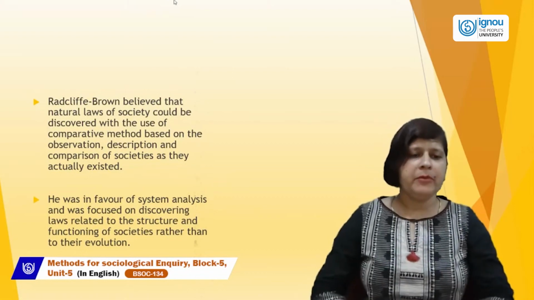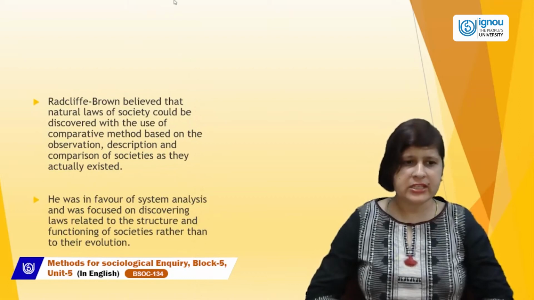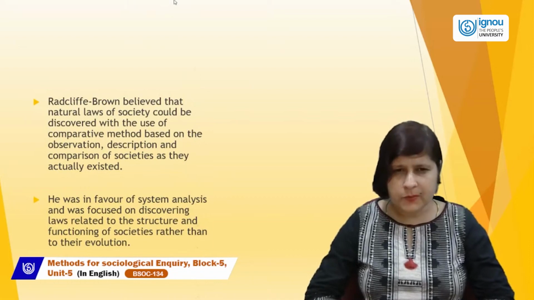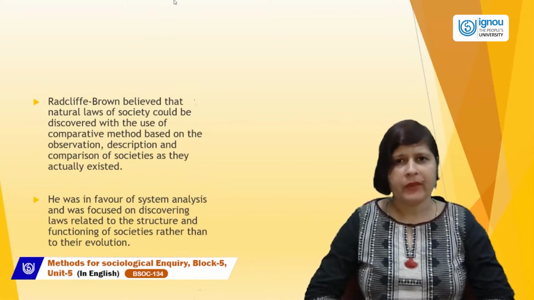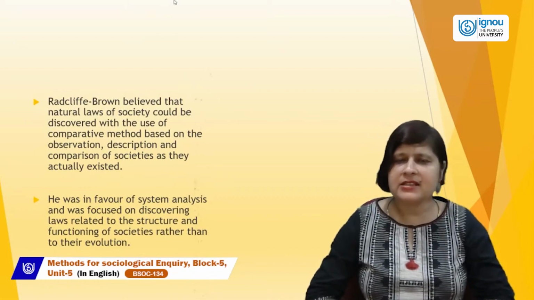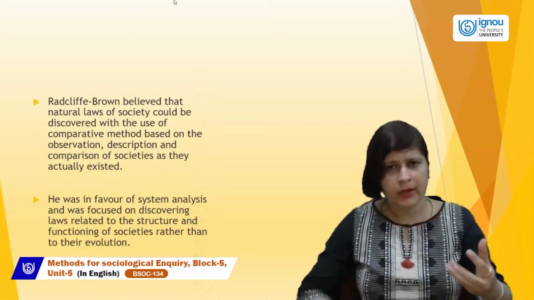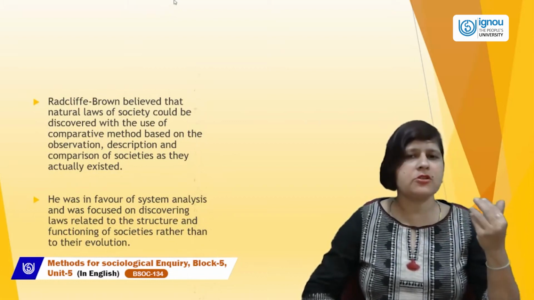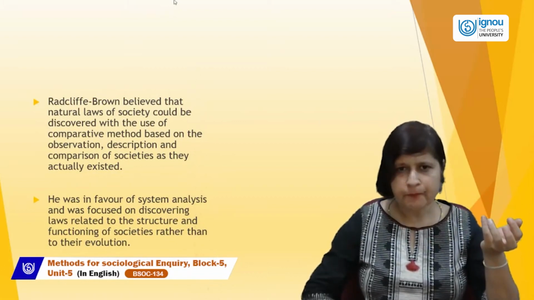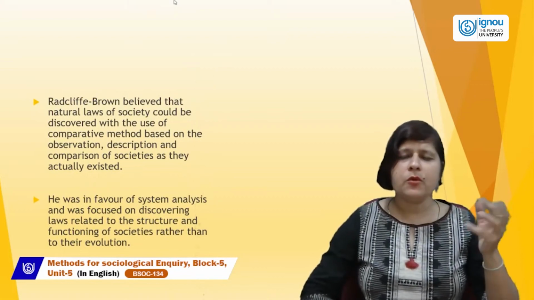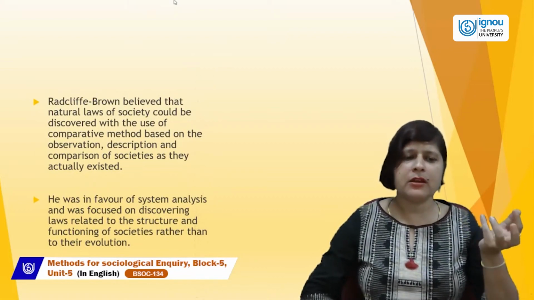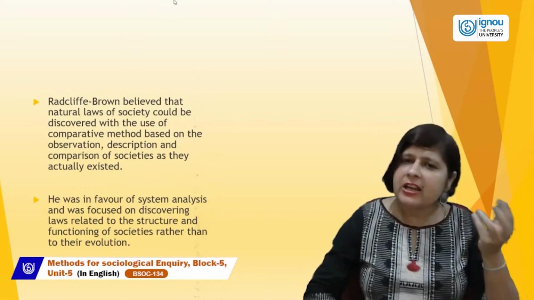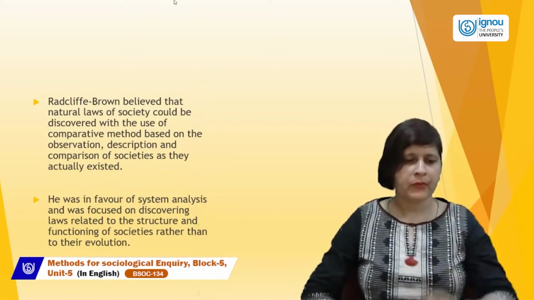Radcliffe-Brown believed that the natural laws of society could be discovered with the use of the comparative method based on observation, description, and comparison of societies as they actually existed. So Radcliffe-Brown was in favor of the comparative method, and in his studies he used this method extensively. According to him, you can use this method on the basis of observation, description, and comparison of society.